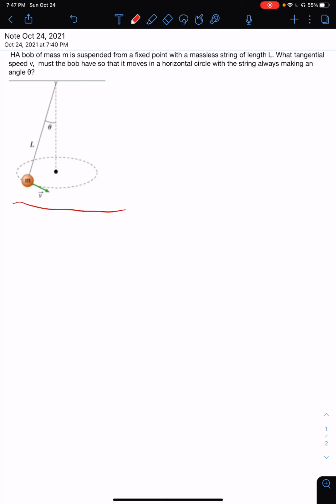All right, so let's first start off with making some statements. But first, we need to realize that these are components of tension, all right, because it's hanging from a string. So we could call L the length or T for tension. And correspondingly, this is going to be T cosine of theta.